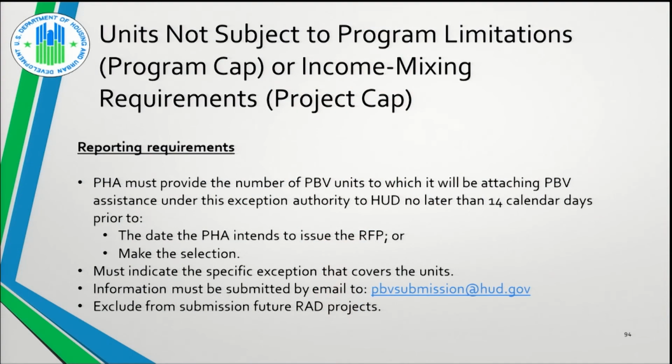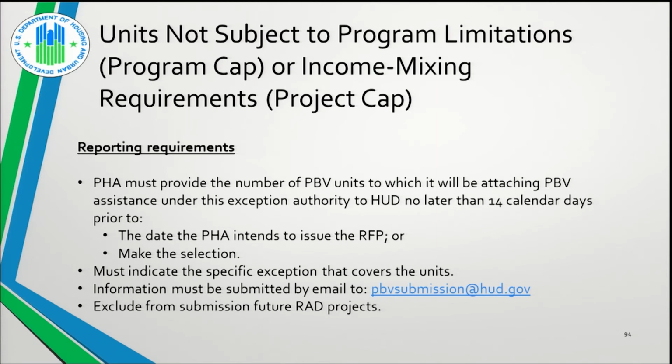Moving on to reporting requirements under this section. If a PHA wishes to add PBV units under the program cap exception described in this section, then the PHA must provide the number of PBV units to which it will be attaching PBV assistance under the exception authority to HUD no later than 14 calendar days prior to the date the PHA intends to issue the RFP or make the selection.